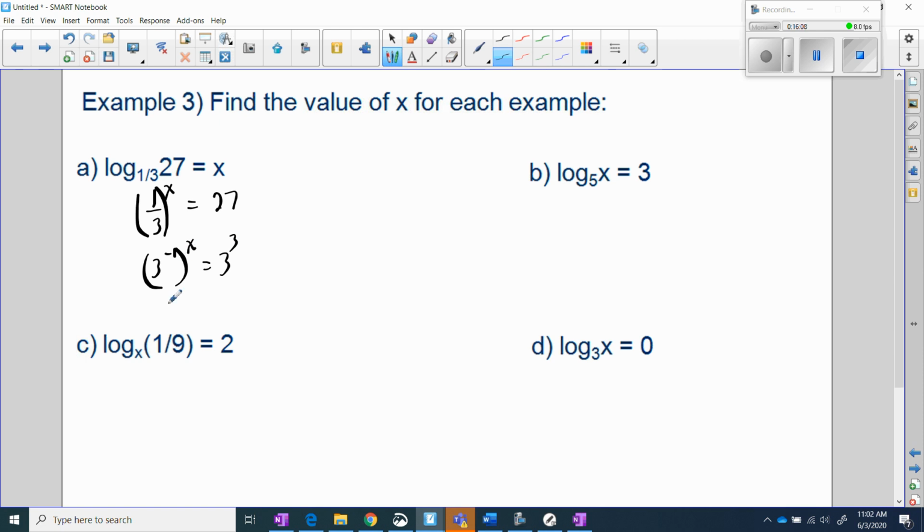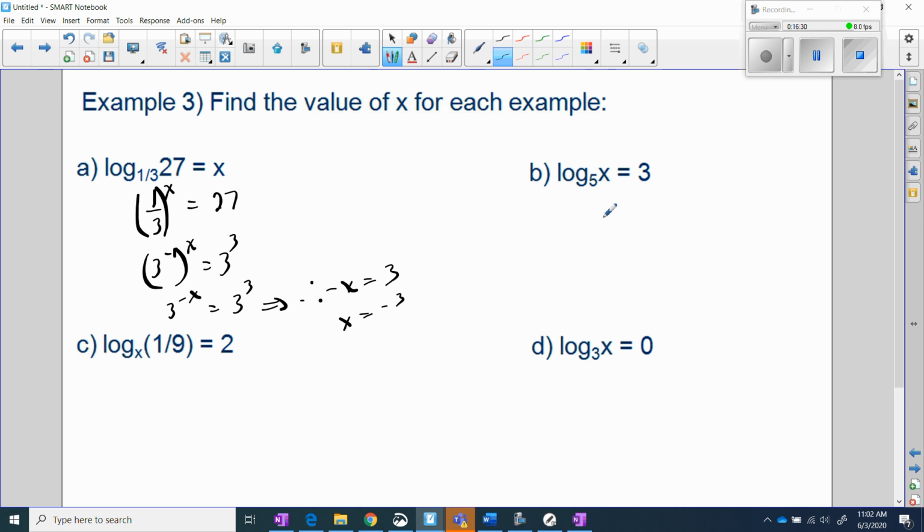If I multiply those, I get 3 to the -x equals 3 to the 3. Do you recall doing exponential equations? If the base is the same, the exponents have to equal each other. So -x has got to be equal to 3, which means x must be -3.